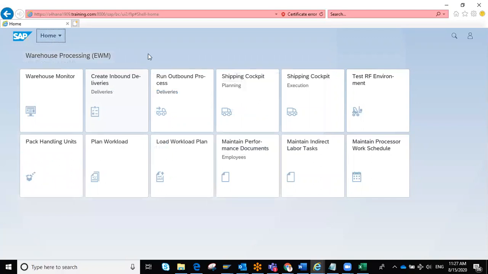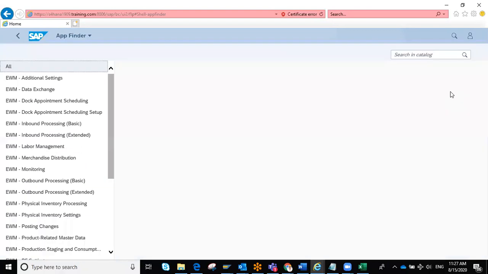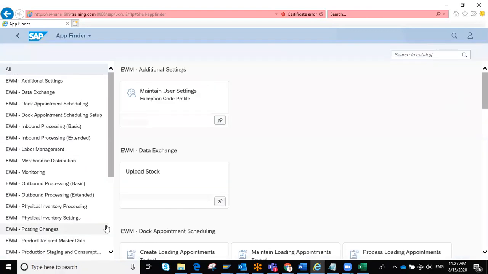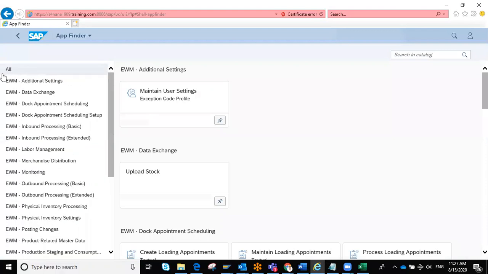So here you can see that we have got very specific app finder. Under app finder, we have got EWM specific transactions.